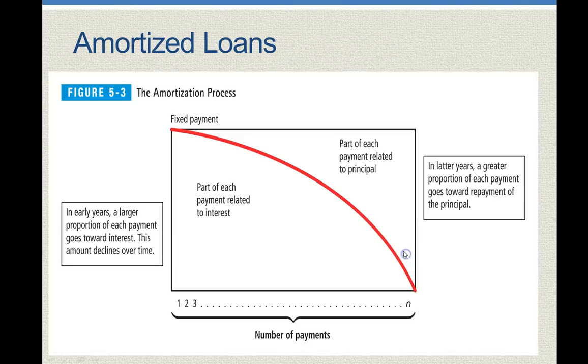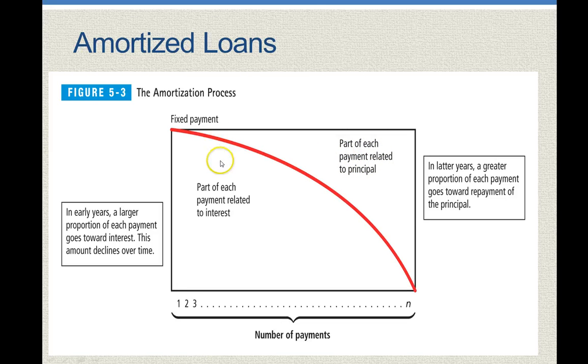So what we just discussed can be put in this graph. In this graph, the height of the box stands for the constant mortgage payment. So here is the horizontal axis. The horizontal line here stands for the number of payments. So this height, because it's fixed, means that every period, the mortgage payment will be fixed. But this red curve divides the proportion of that payment which goes to interest and the proportion of that payment which goes to principal.